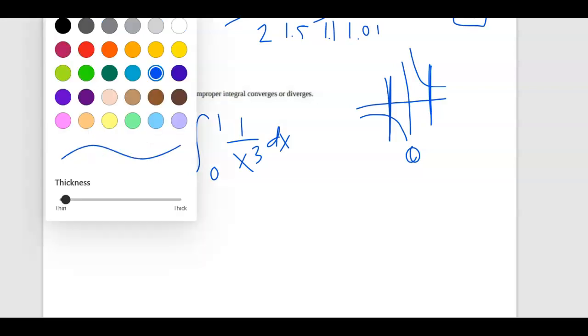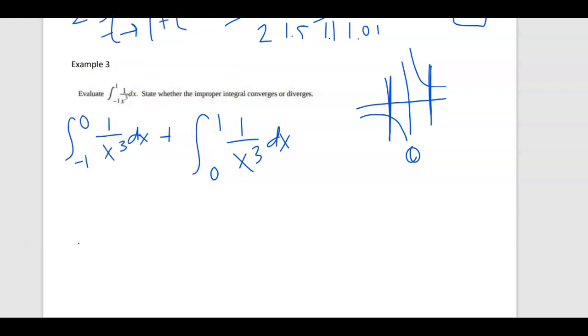Okay, on this first one here, I'm going to say the limit as t goes to 0 from the left, integral from -1 to t of 1 over x cubed dx.